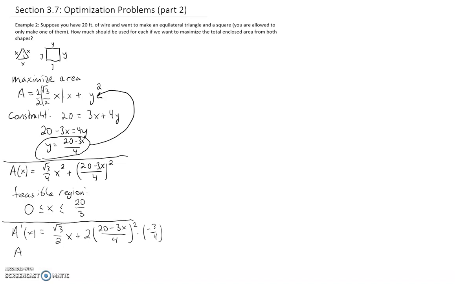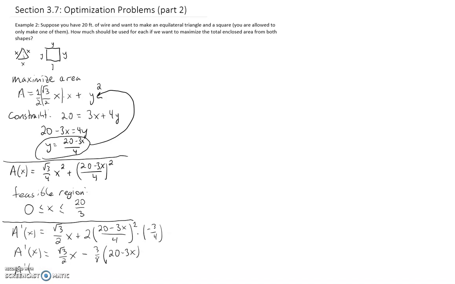If we simplify this, the derivative is the square root of 3 divided by 2 times x minus, we can have the 2 cancel with one of these 4s, multiply this by negative 3/4, and we would be left with a negative 3/8 times 20 minus 3x.